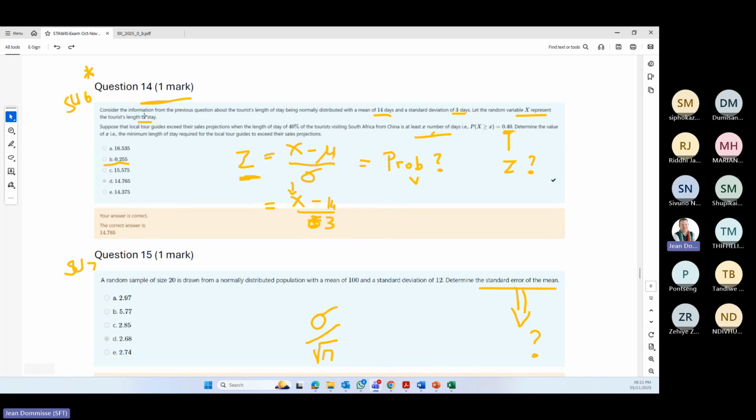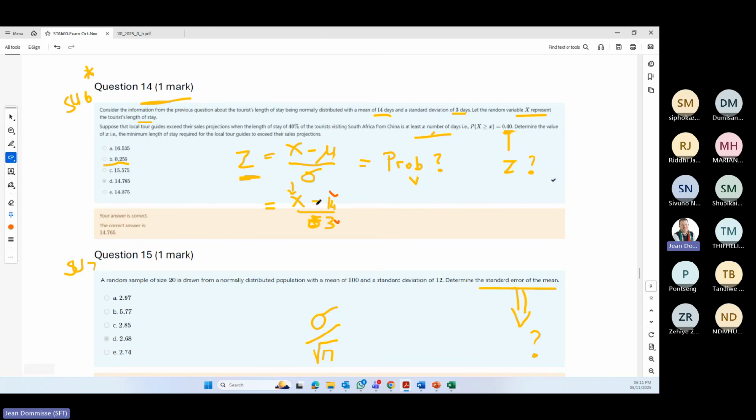Okay, so consider the information from a previous question about the tourist length of stay being normally distributed with a mean of 14 days. So that stayed the same. Standard deviation of 3 stayed the same.